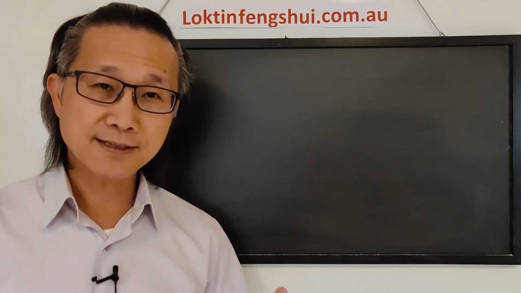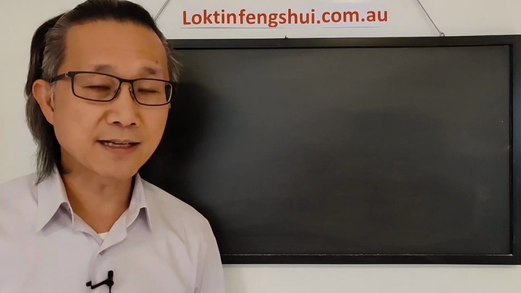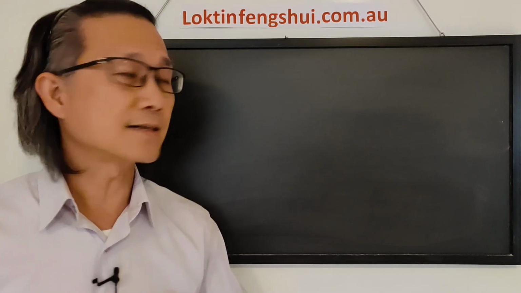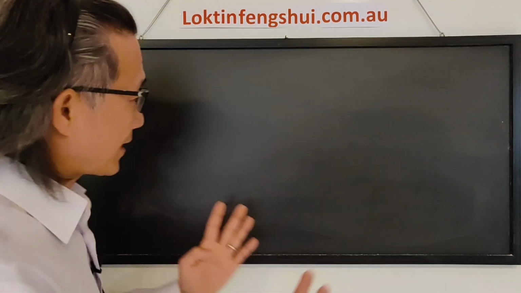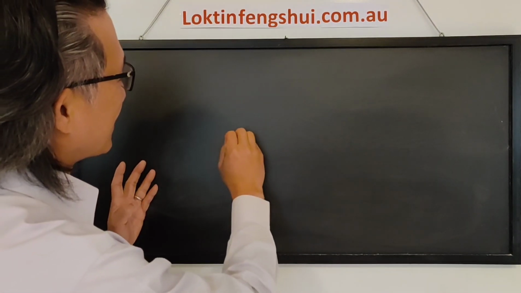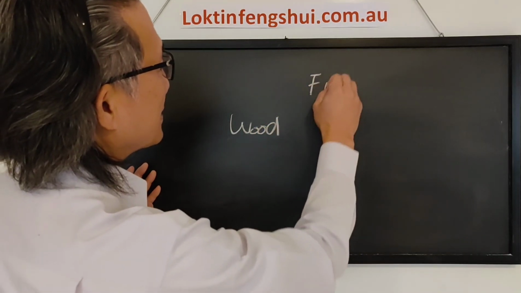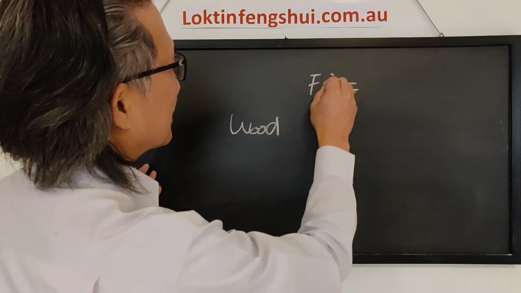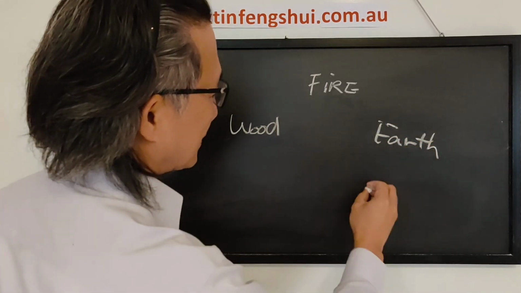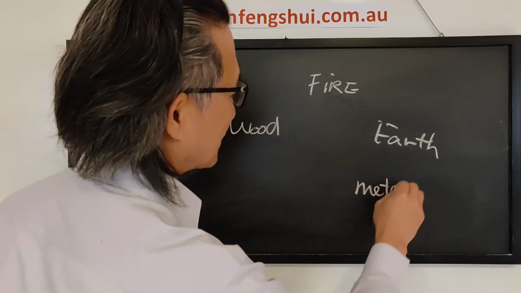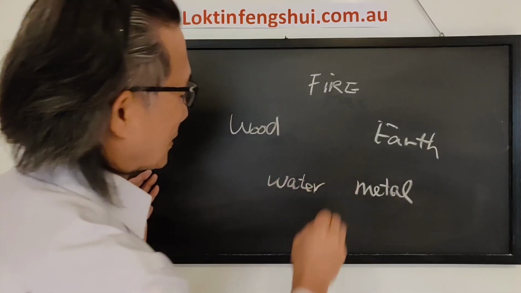So how is the 10 gods represented in the 4-pillar chart? We need to understand this concept first. Remember, we have 5 elements: wood, fire, earth, metal, and water.